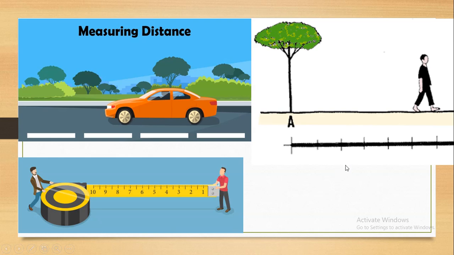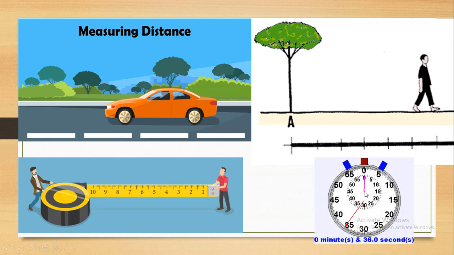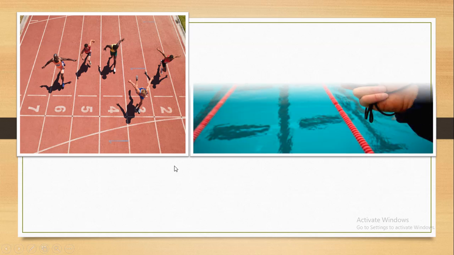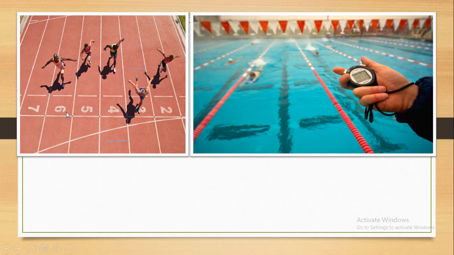We can also measure the time that this man needed to travel this certain distance. Look at this picture. This is a race. These are runners in a race, and these are swimmers in a race.